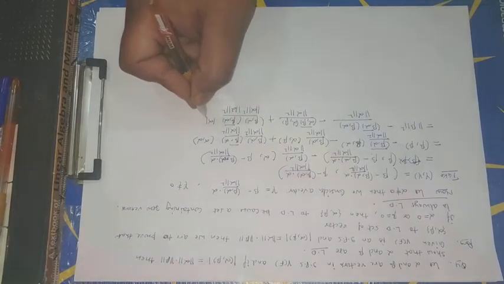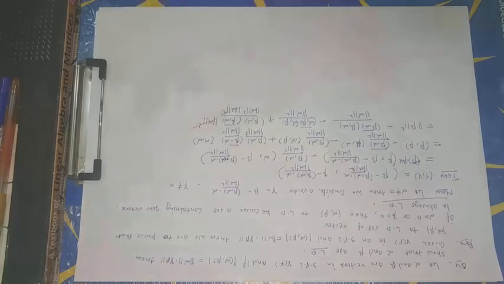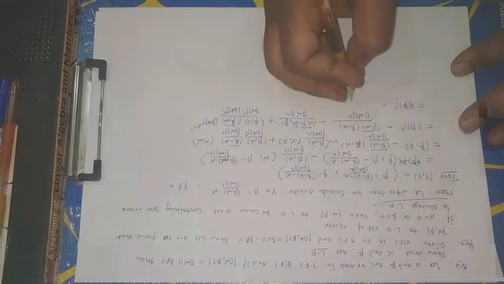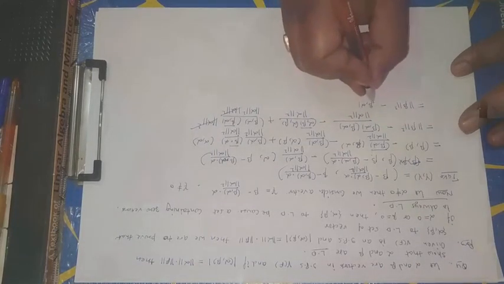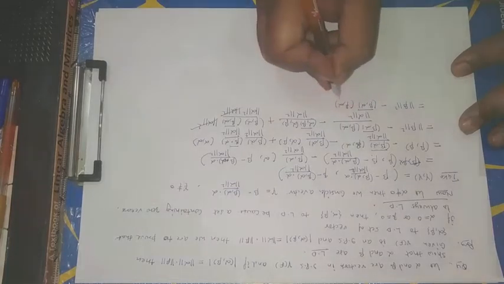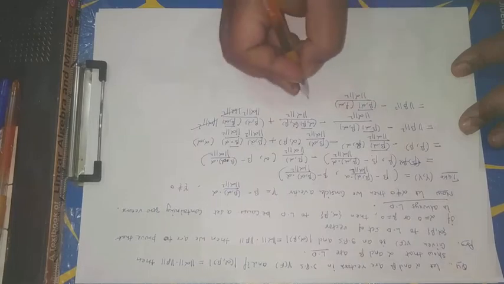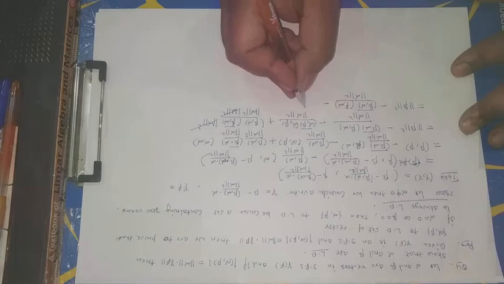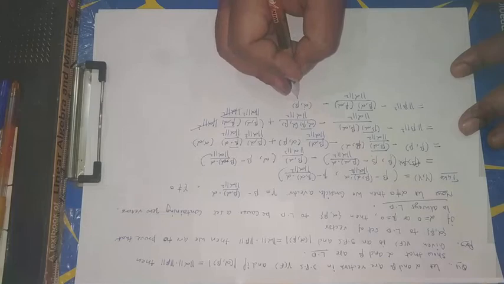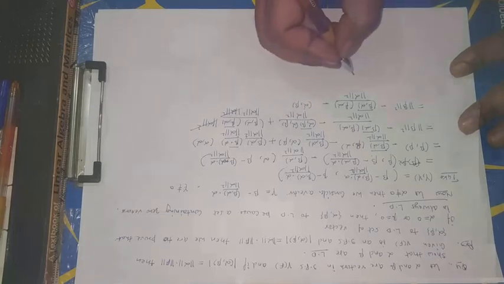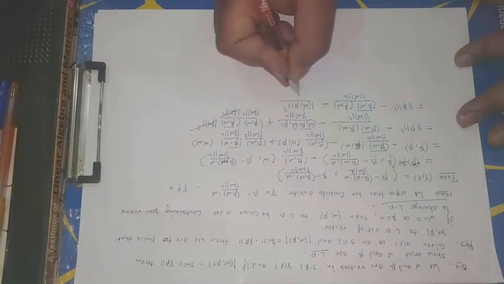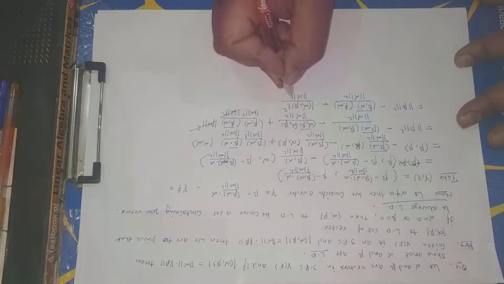This cancels by this. This is equal to beta norm square minus the modulus square of alpha beta inner product upon alpha norm whole square.